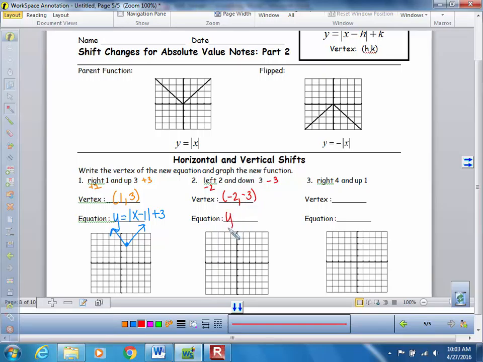So that's going to be y equals absolute value of x plus 2, close your absolute value, minus 3. Now to graph this, we're going to graph our vertex, which is left 2, down 3. So I'm going left 2, down 3, and my absolute value graph will be facing up.